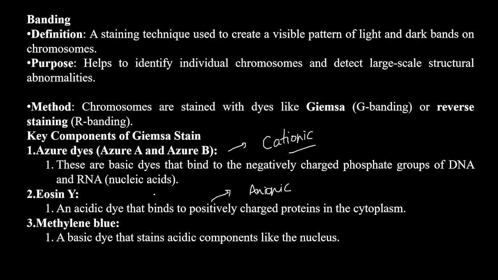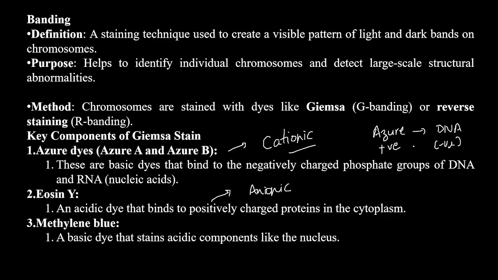So when we are talking about the Giemsa staining, when you have the chromosomes and you are staining these chromosomes with the Giemsa stain, what will happen first? You can see this is the azure dye. Because this is positively charged, it will bind to DNA, which is negatively charged.